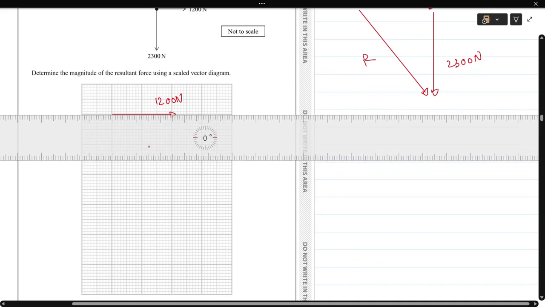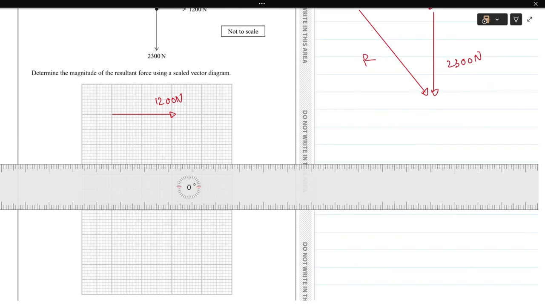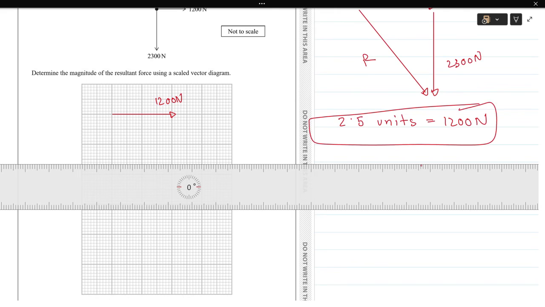So if I do this, 1, 2 and 2.5, so according to my ruler I have taken 2.5 units as 1200 Newton. This is the scaling that I have to use for the entire diagram.